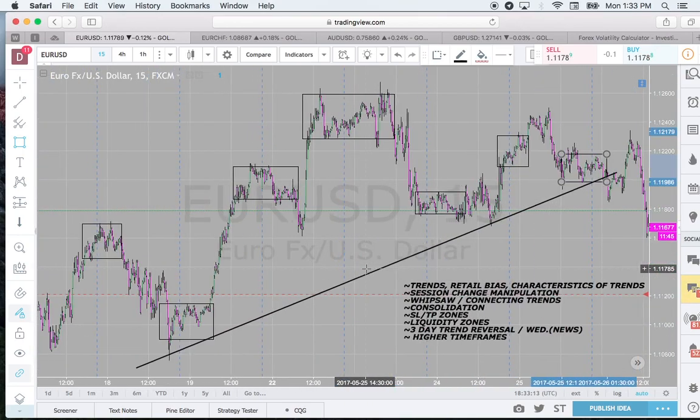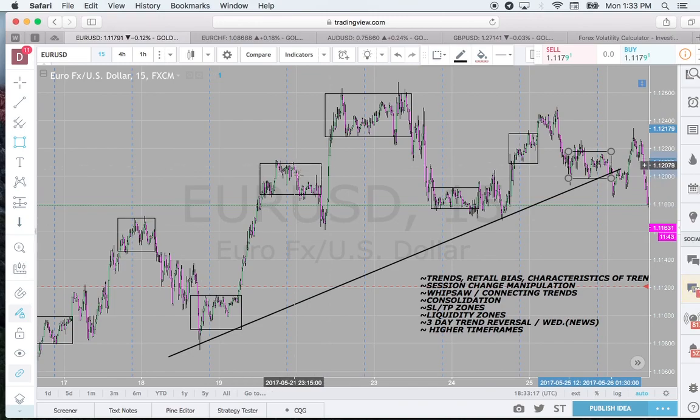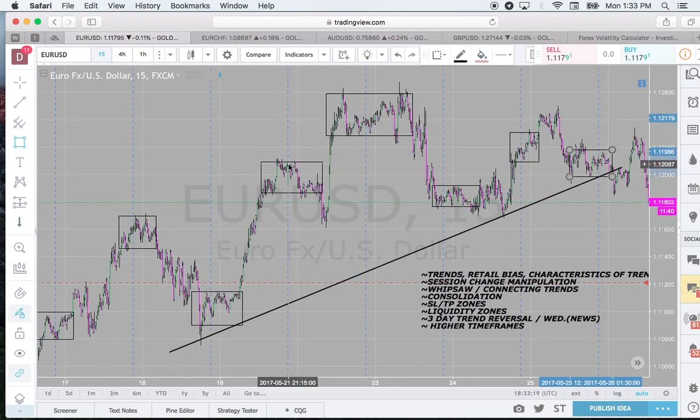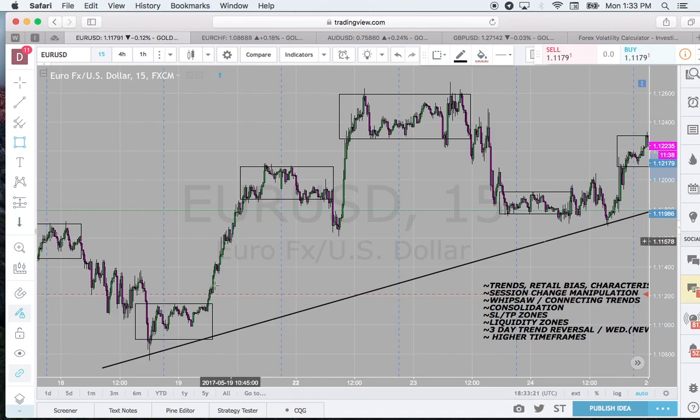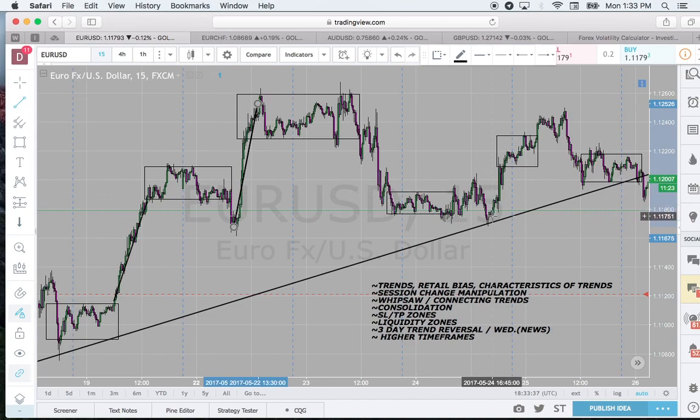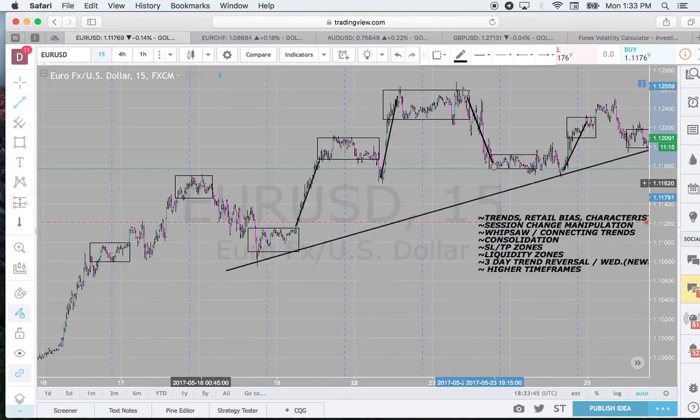So, we can see these clear areas and the straightaway zones, where price just basically moves in a straight line. This happens because price needs to get to a zone very fast without having people jump in on the trade.